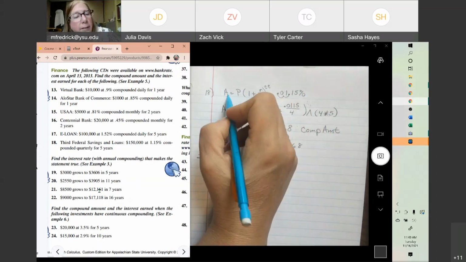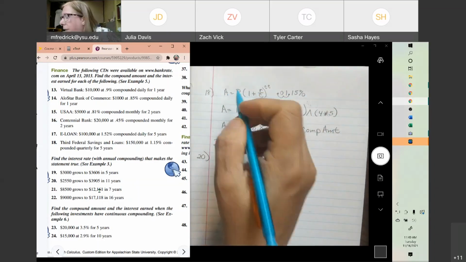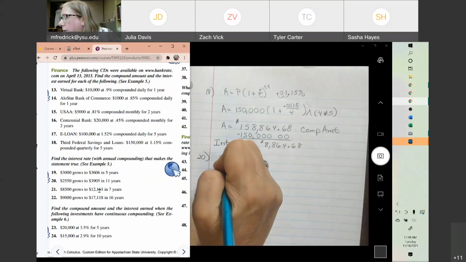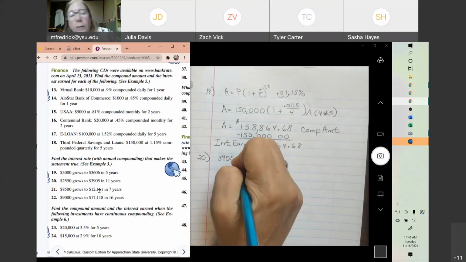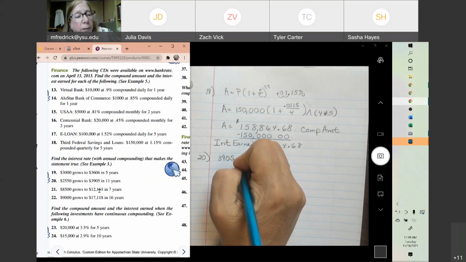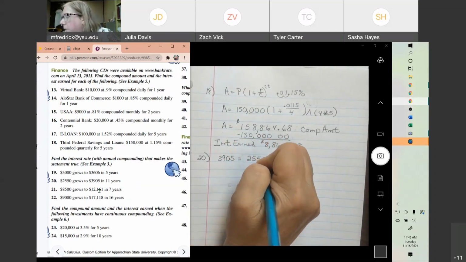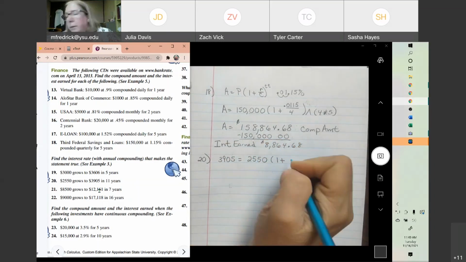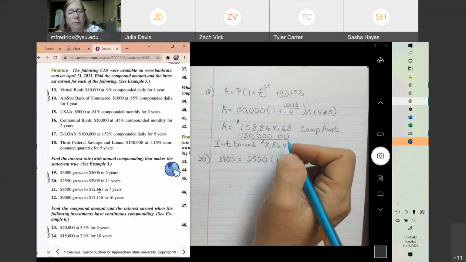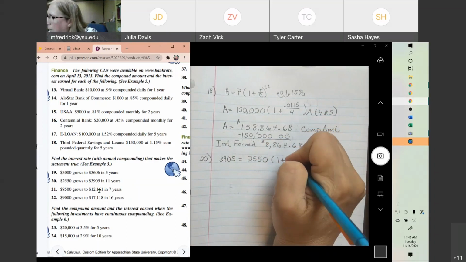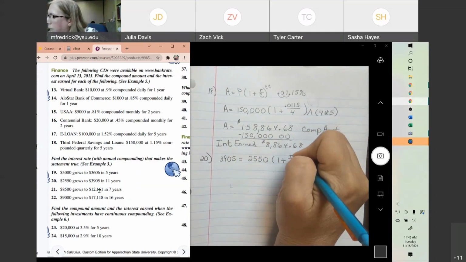A is the amount at the end. It's growing to 3,905. So A is 3,905. We're starting with 2,550. 1 plus, we're looking for R. Compounded annually is a 1.